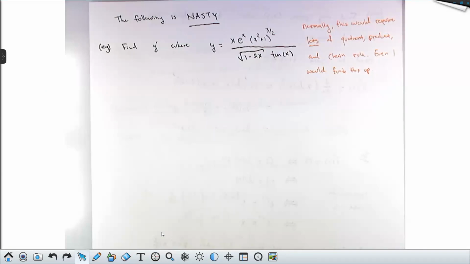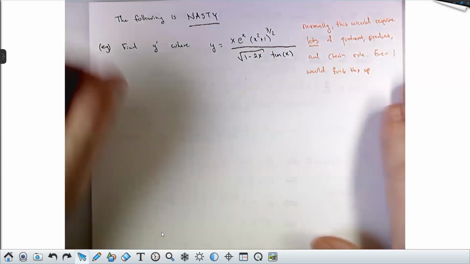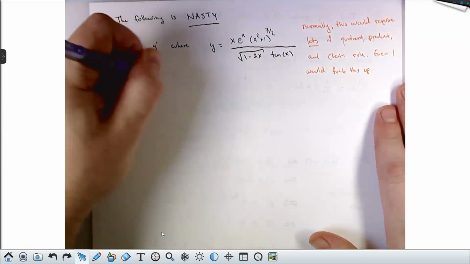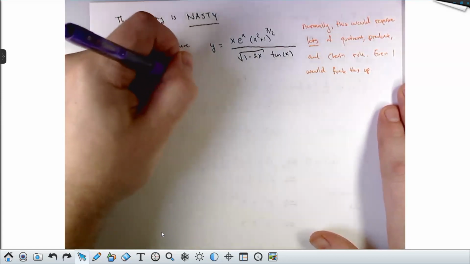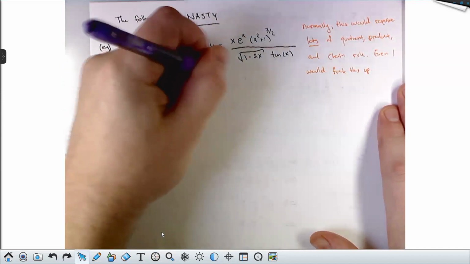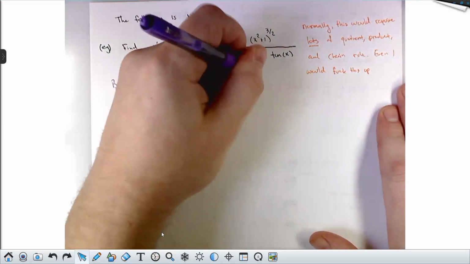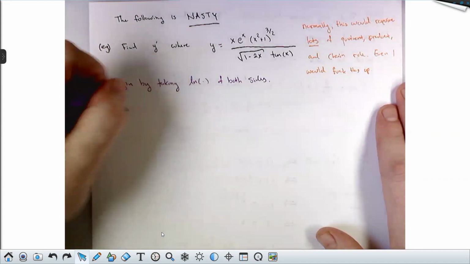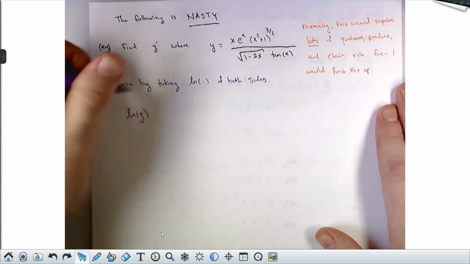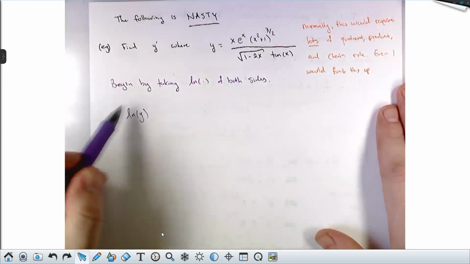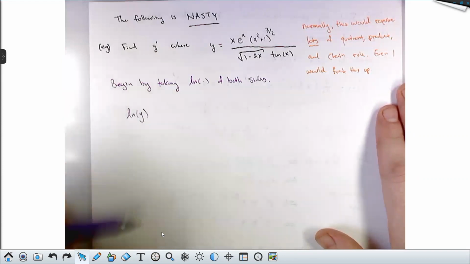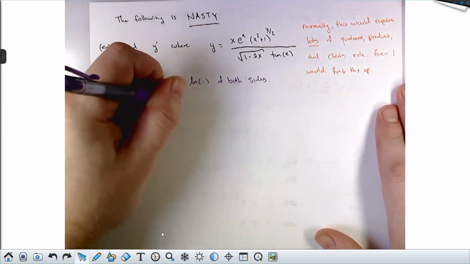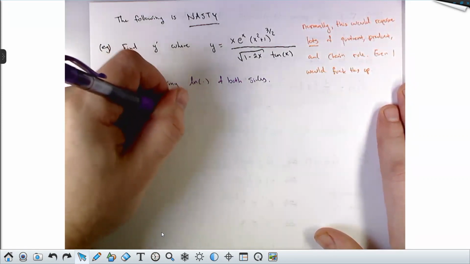How does that look? Well, it looks like this. On the left-hand side, I'll have the ln of y. And to differentiate this, I will need implicit differentiation. On the right-hand side, at first it looks like this makes things worse. I'm shoving everything inside of a natural log.